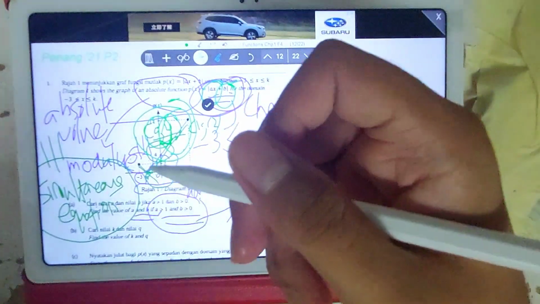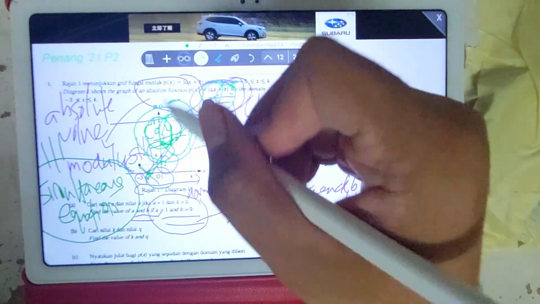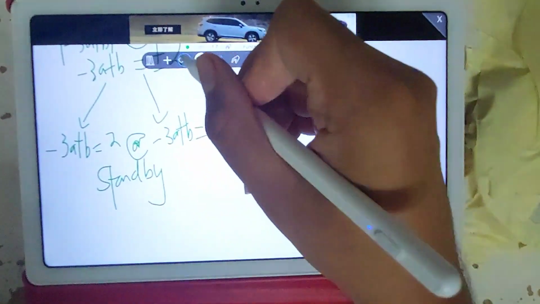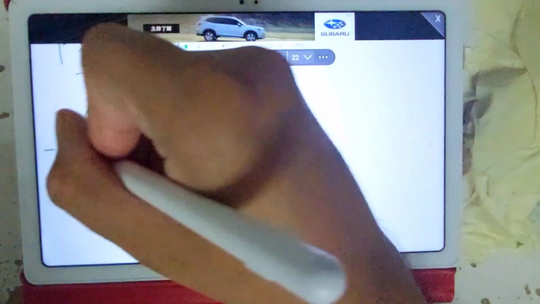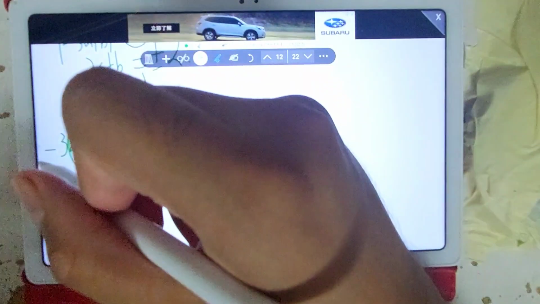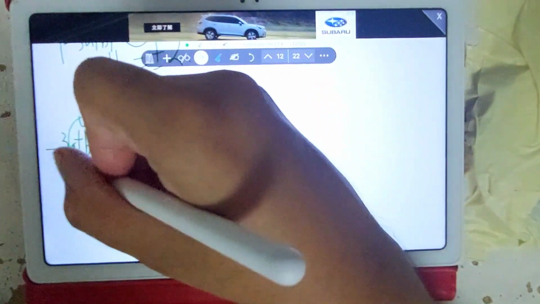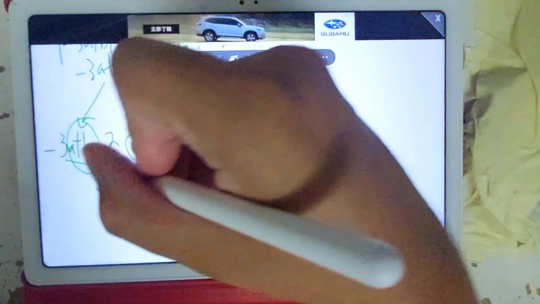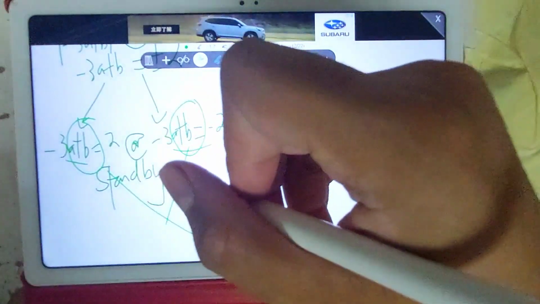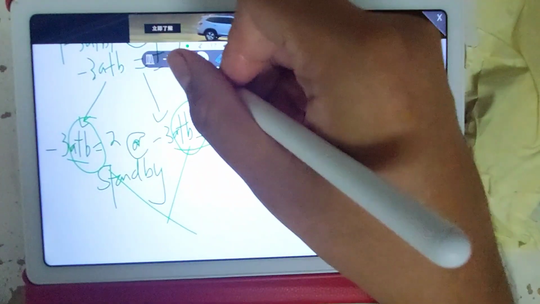So you can directly find your b value already, which can help you to substitute into the b values over here. So this is my thought process, how I go through. So then you can get two a values, and based on the condition, you reject one, you accept one. So that's how you get your answer.